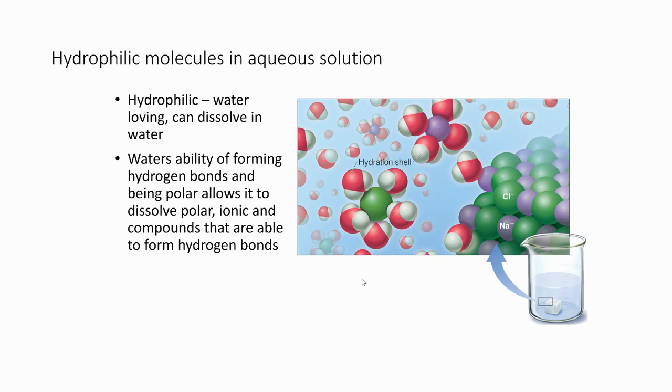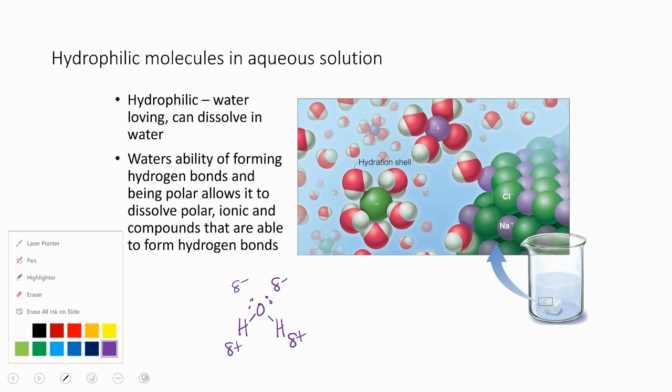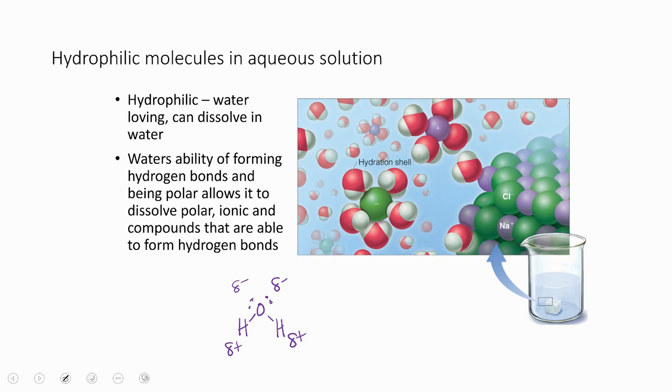So what's shown here in that pretty picture, and I'm going to redraw a less than pretty picture, but here's water. Remember, it's partially negative up at the top there. If I put some, I'm going to use a different color, sodium chloride, which is here. So sodium chloride is a crystal structure, a tight network of cations and anions.